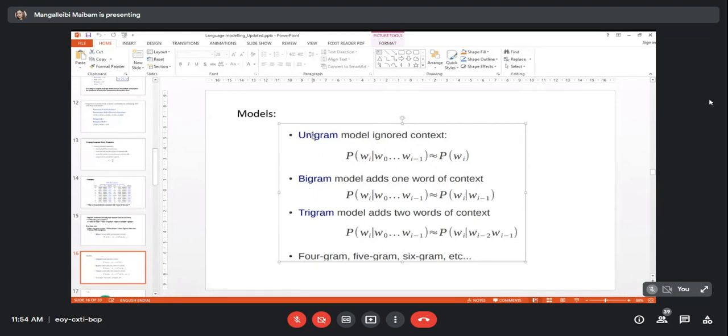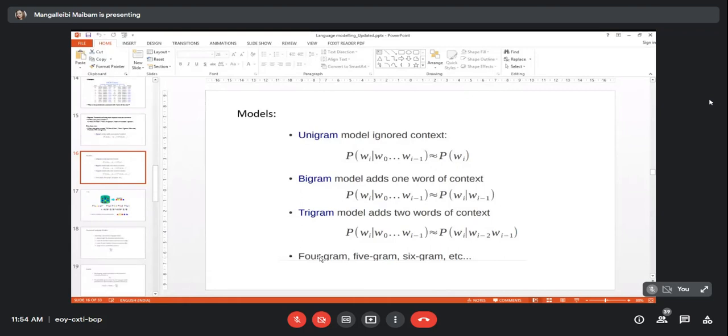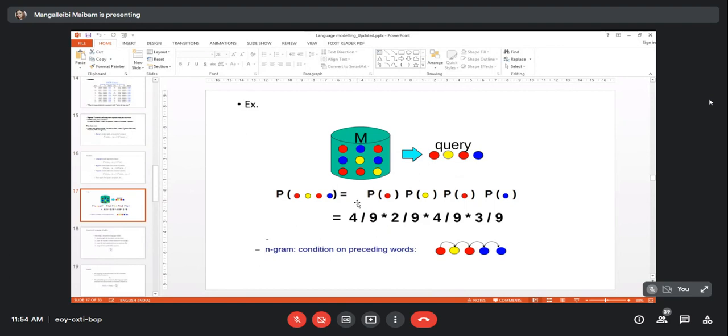But normally we will be using the unigram language model. We have bigram, trigram, 4-gram, n-gram, and so on. The example was already discussed, but here it has been explained again for n-gram.